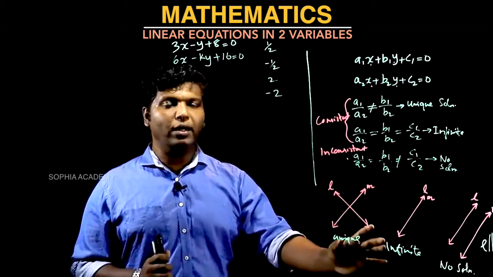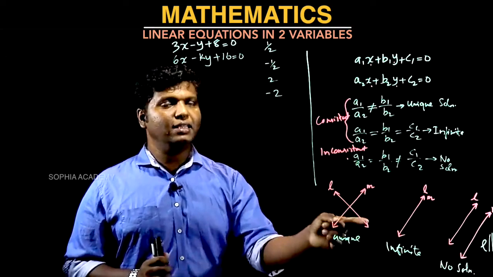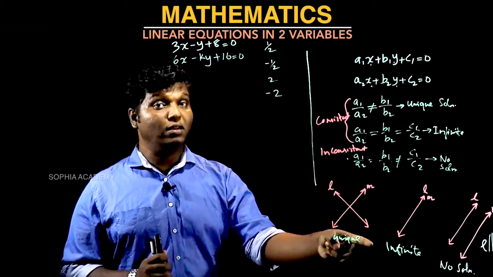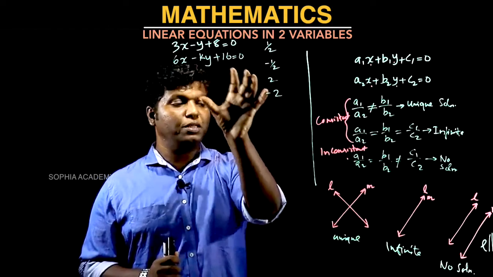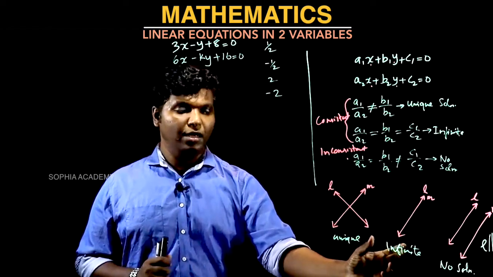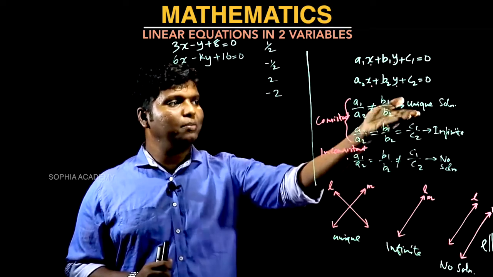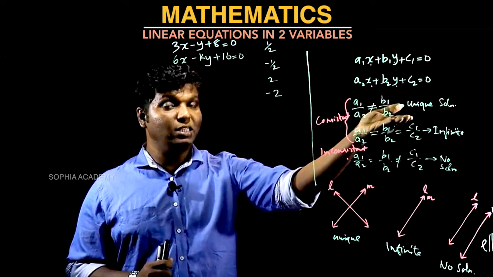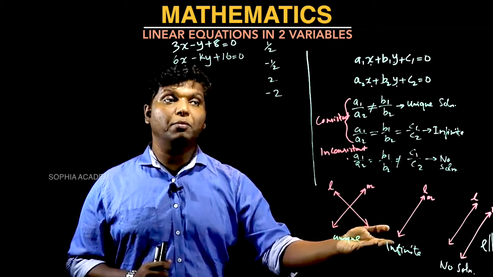So actually, even though they mentioned coincident lines, we have to do it algebraically, not by the graphical method. From this you understood that this is the graph which has an infinite number of solutions. So let us move to the algebraic method. Tell me, what is the condition for having an infinite number of solutions?